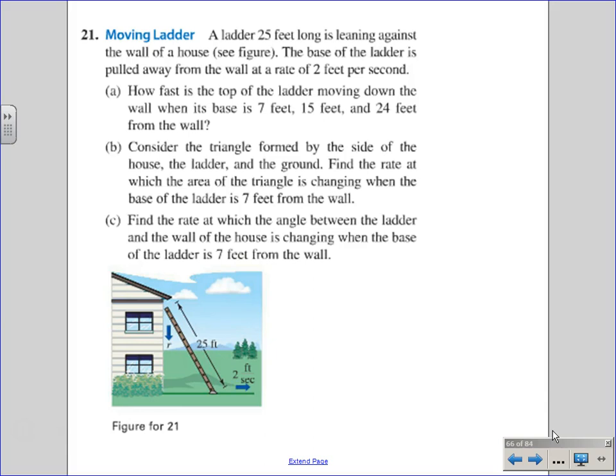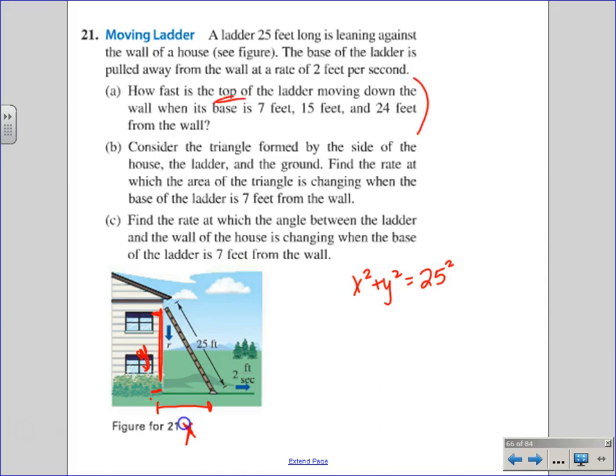Rachel, I'm just setting up the long story short in that when this is going up, dx dt is how fast the foot is slipping. And y could be talking about the up and down measurement. So I would have my formula being x squared plus y squared is equal to, wait guys, how can I plug in 25? How is that legal? The ladder's not changing. Good, the ladder's not changing.